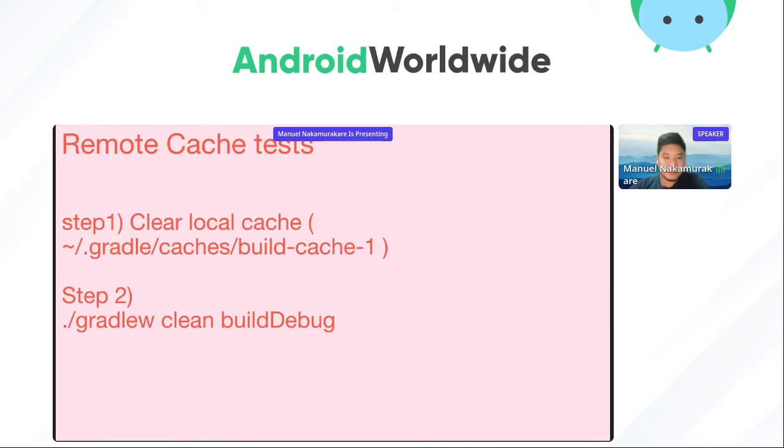That way you are removing anything coming from the cache in case you use the remote cache before. And then in the second step, you execute the build, and again, you pass the clean task so that you make sure that you are not using the incremental cache, but the remote cache.